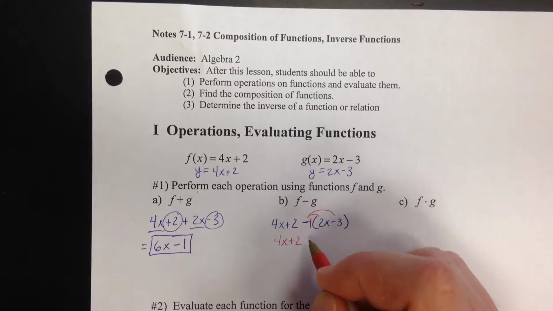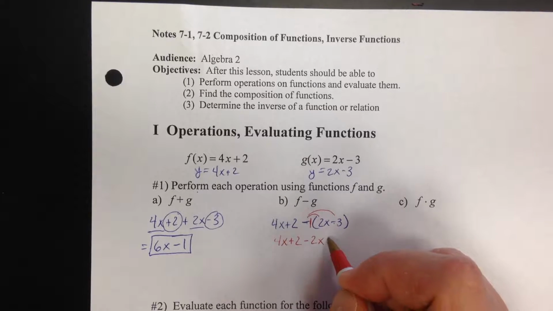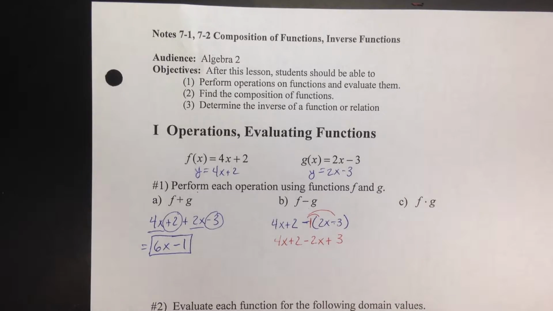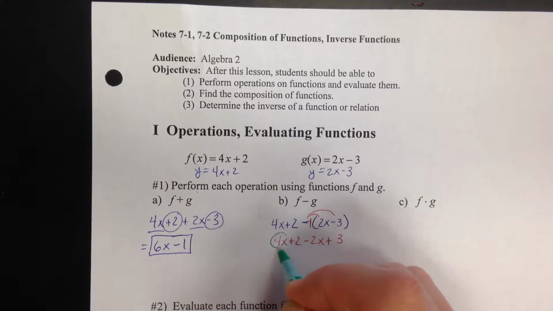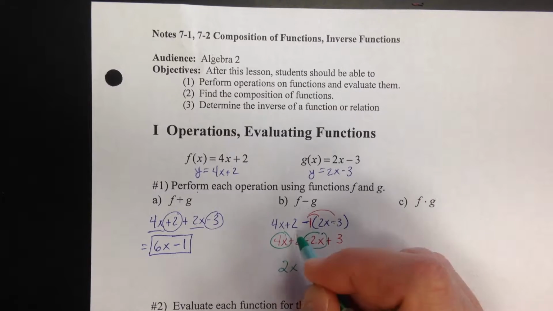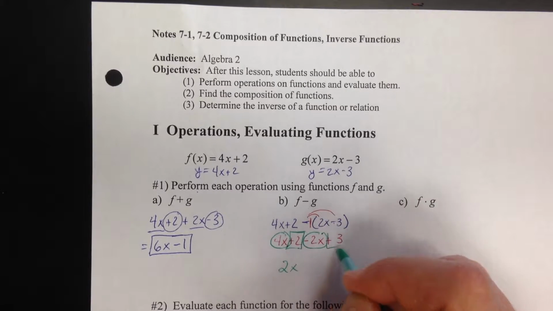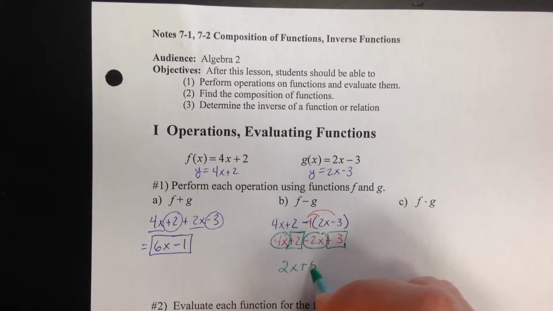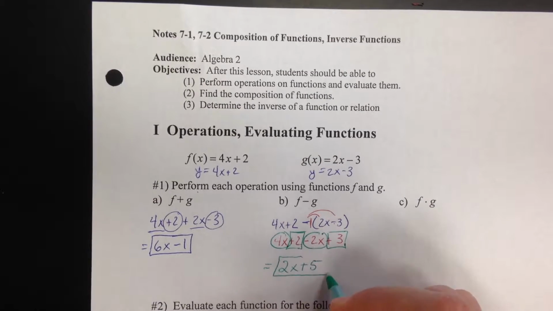So minus 1 times 2x is minus 2x. Minus 1 times negative 3 becomes a positive 3. Combine like terms, so we get 4x minus 2x, so we get 2x, and then we have positive 2 plus 3, which is 5. And that's as far as you can go.